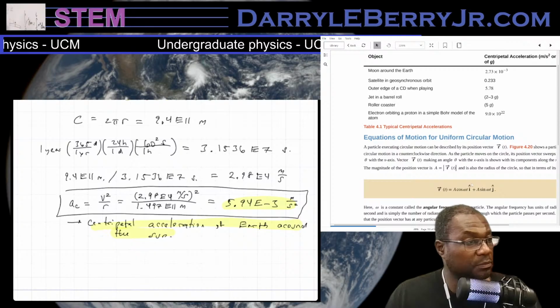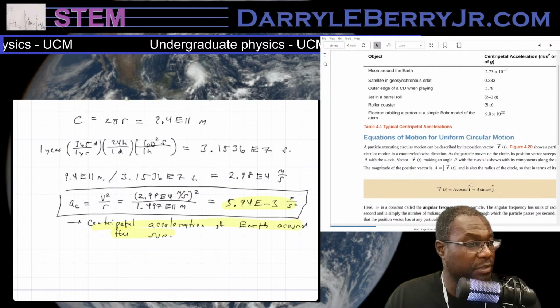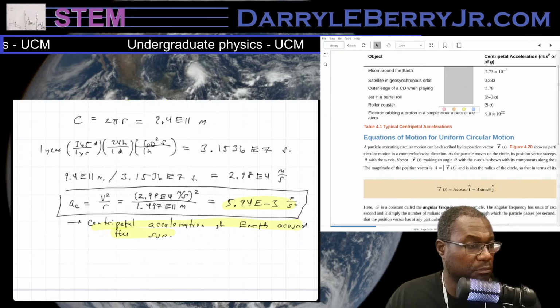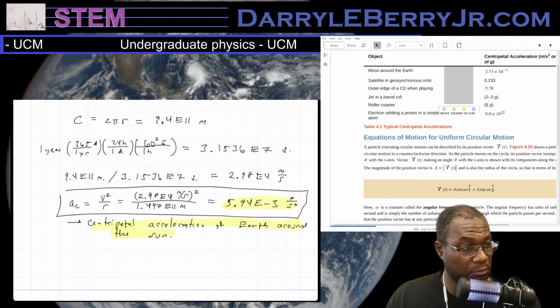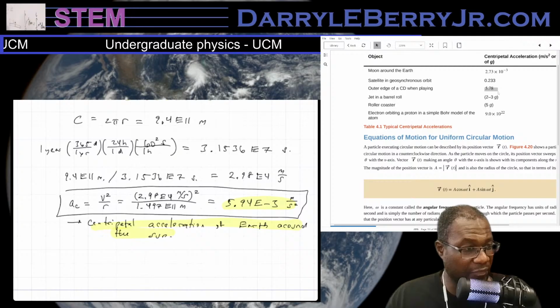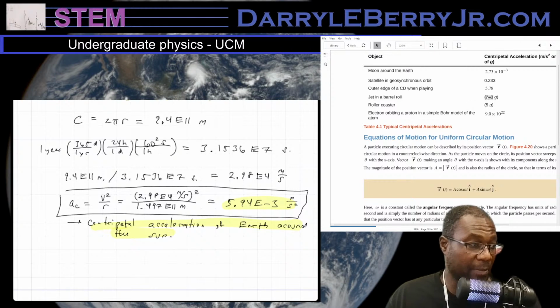Moon around Earth, satellite in geosynchronous orbit, outer edge of a CD. Wow, that's less than gravity. Jet on a barrel roll. Wow, roller coaster, 5 Gs.